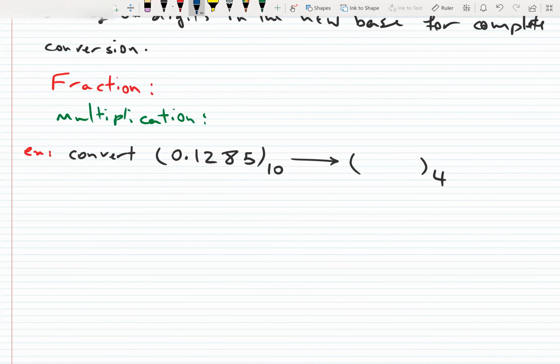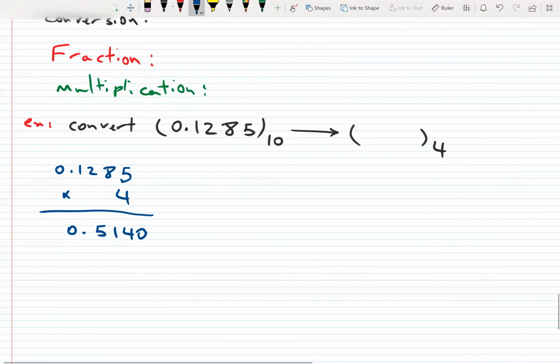With the multiplication method, we simply multiply the number by the base. So 0.1285 multiplied by 4 gives 0.5140.